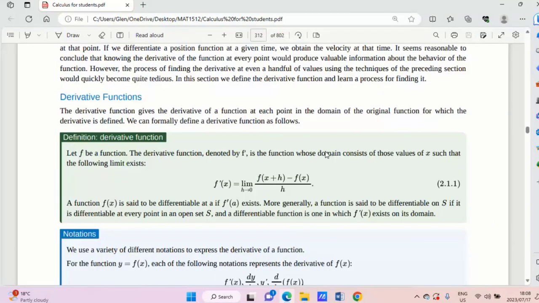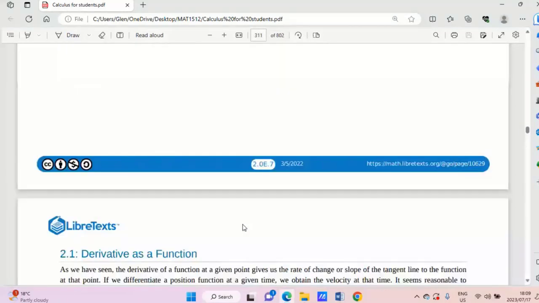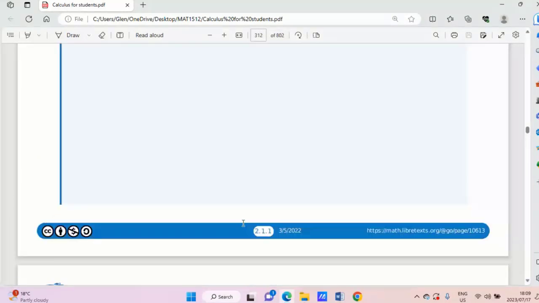Okay. May we please start by looking at the derivative function.